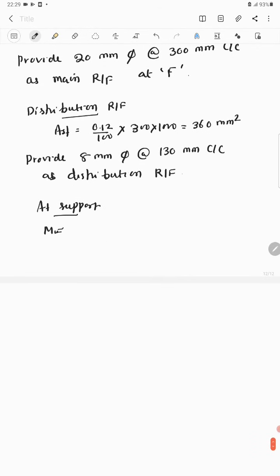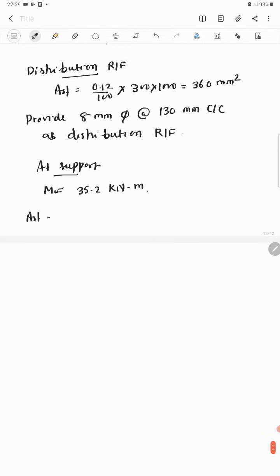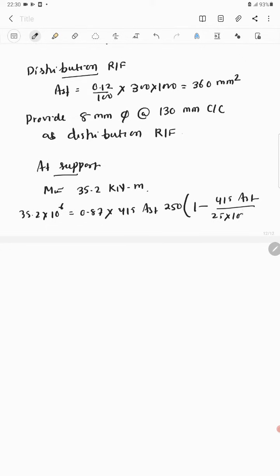So let's check what is the area of steel required. 35.2 into 10 to the power 6 is equal to 0.87 fy Ast d into 1 minus fy Ast divided by fck b d.